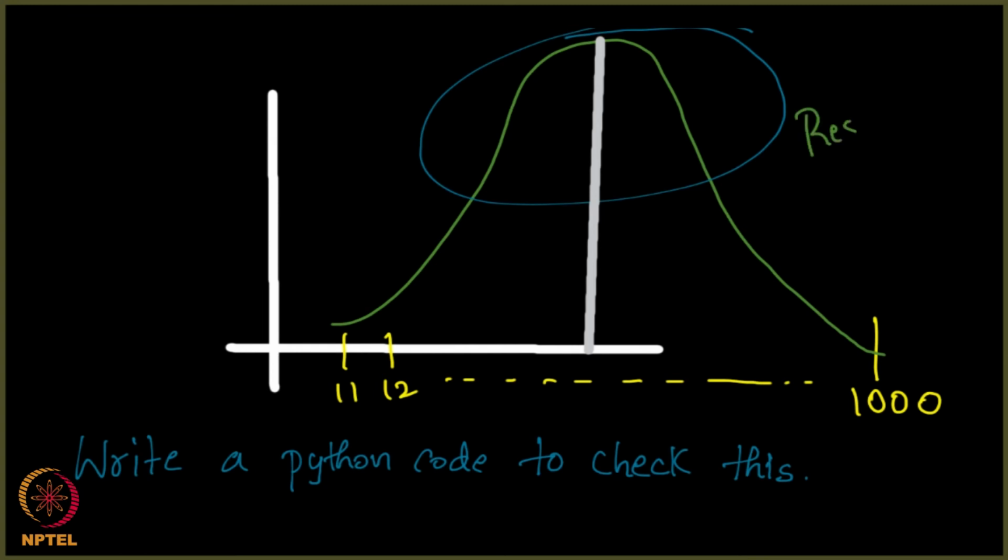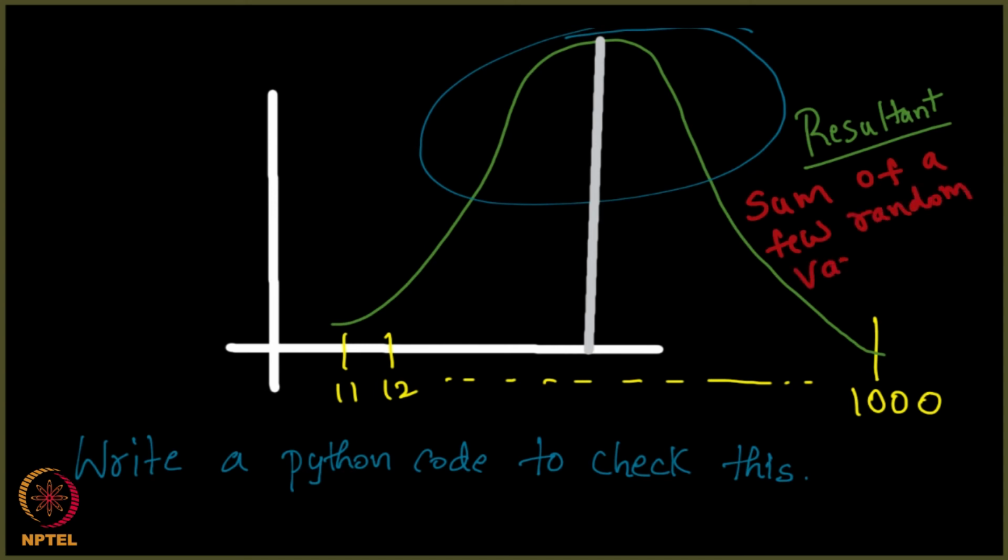Whenever the resultant is a sum of a few random variables, a few random entities, then you will see a normal distribution like this. You will see this distribution whenever the resultant is a sum of few random variables.